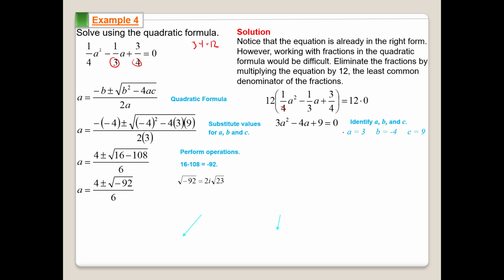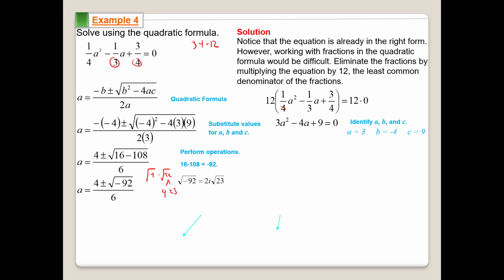To do that, you just have to play around with the numbers here. Again, you take the square root of negative 1 to get that i, times the square root of 92. They went in by 2's and did a factor tree, and they should have gotten 4 times 23.